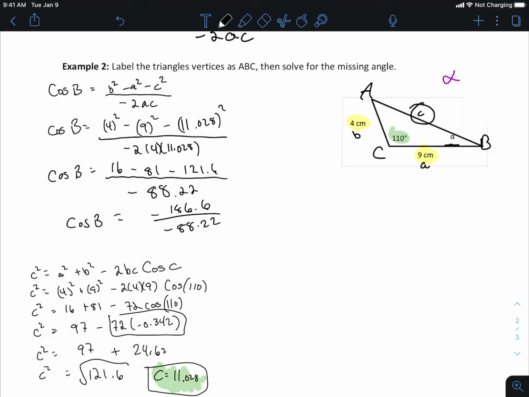So take that number and divide it by negative 88.22. Interesting. Let's see what happens.